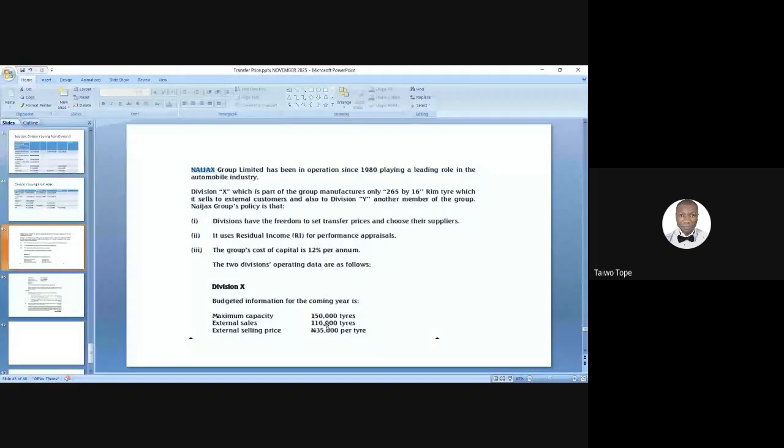I don't know if most people joined the class that time. So if division Y is not buying it, it will be a waste. So for division X not to lose, at what price do you think division X should give it to division Y, based on opportunity cost?